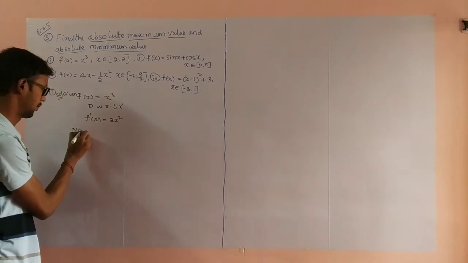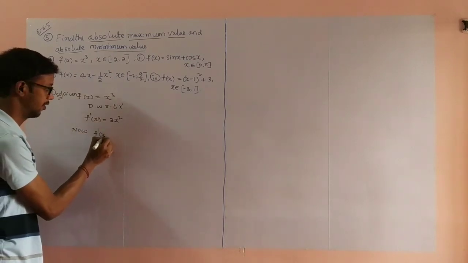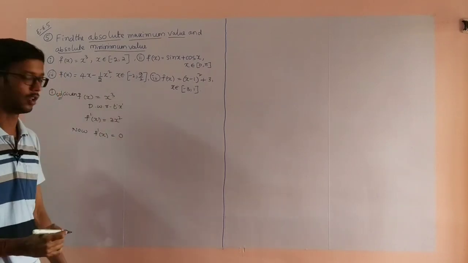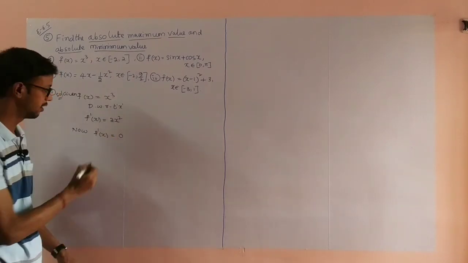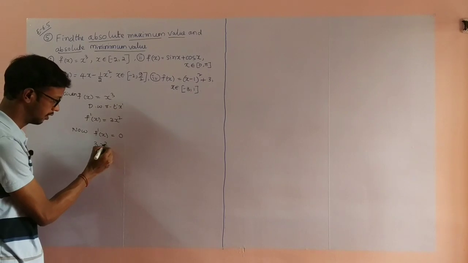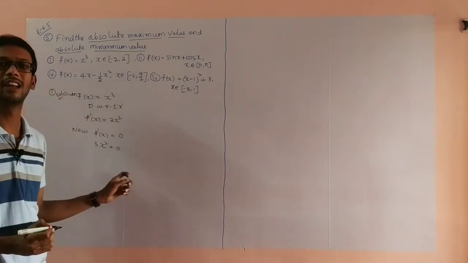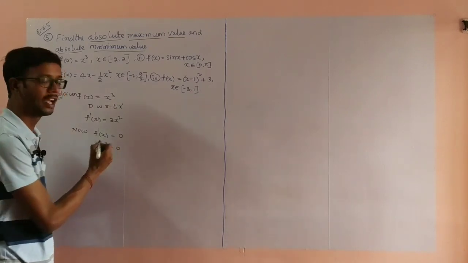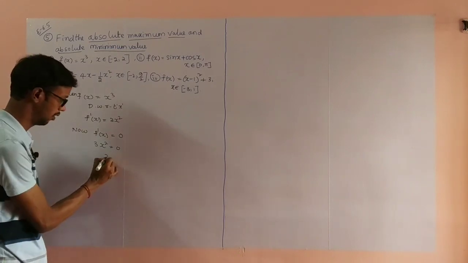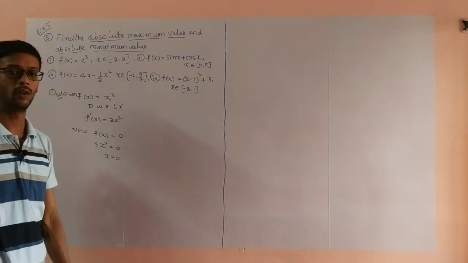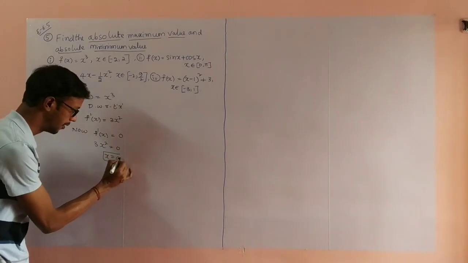Now f dash of x is equal to 0, so 3x square is equal to 0. This is for finding the critical point. F dash of x is equal to 0 gives x is equal to 0, which is a critical point.